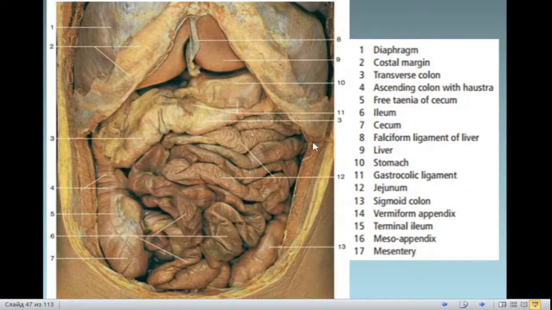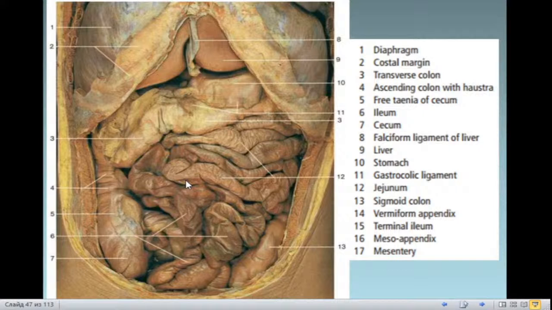These three parts, this is a natural sample, will all be busy with the processing and absorption of fats and fat-soluble substances.